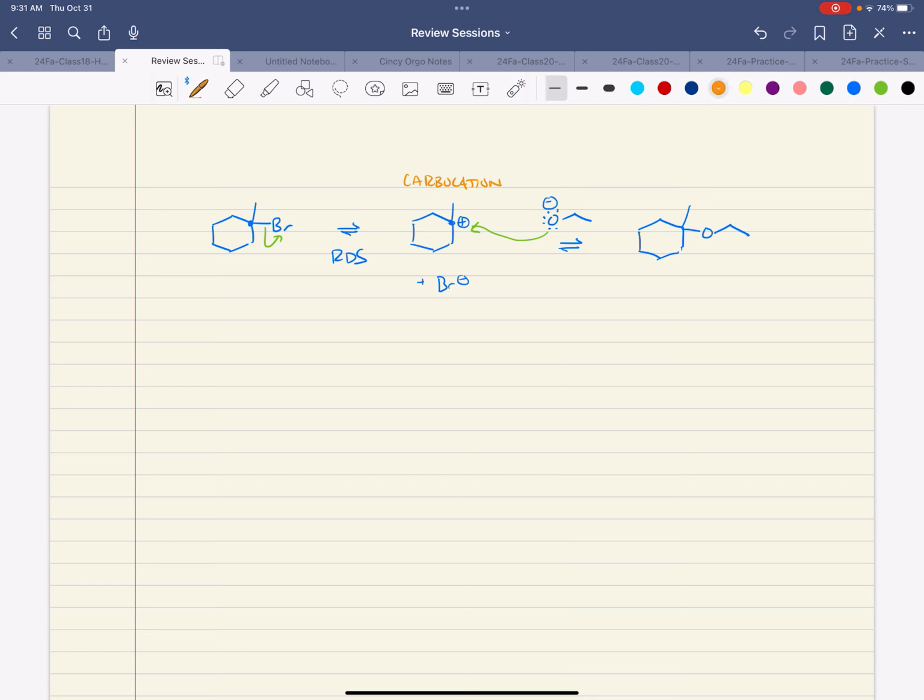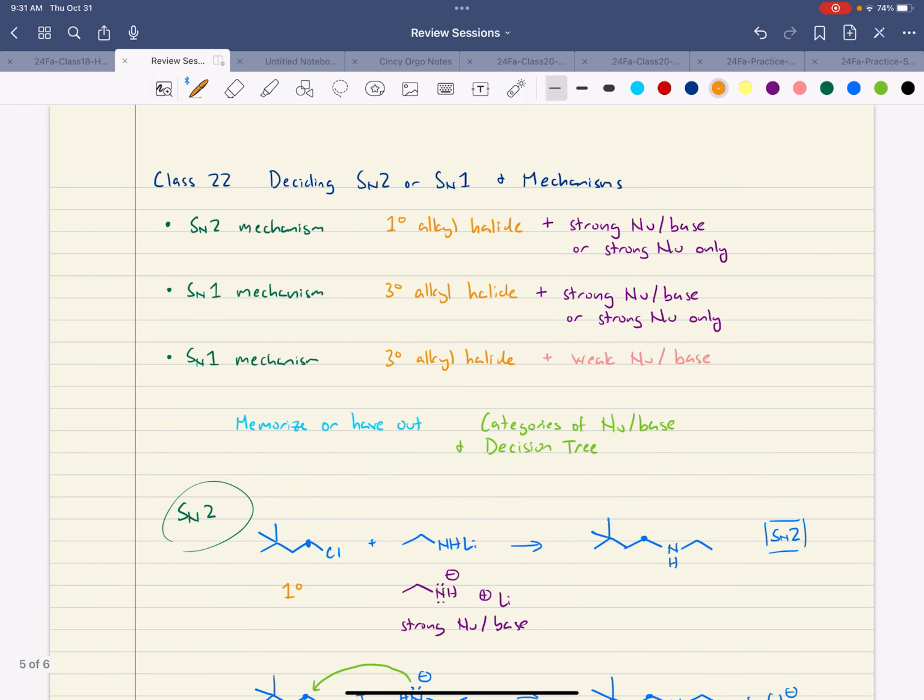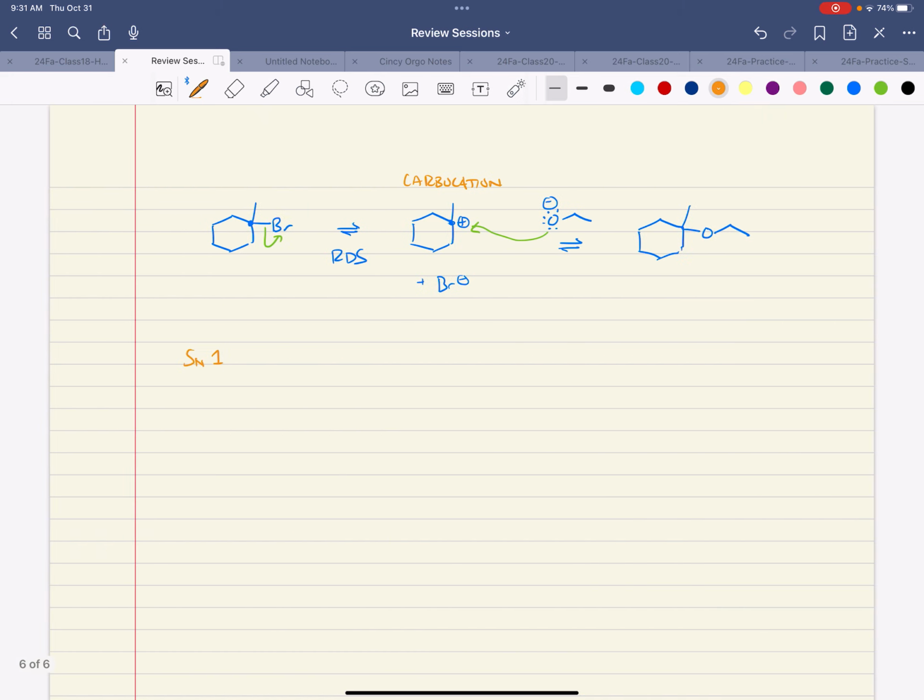All right, last mechanism, SN1. Let me make sure I have the right colors. Orange and pink, okay. SN1. Sorry. And this is with a deprotonation at the end.